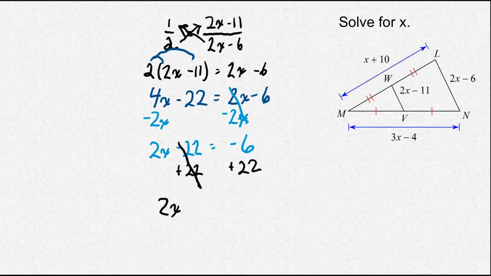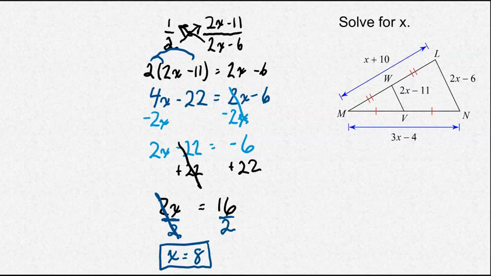So that's 2x equals 16. And now I need that 2 to become a 1. So I'm going to divide on both sides, so I could have 1x here. So I get x equals 8. And that is my answer.